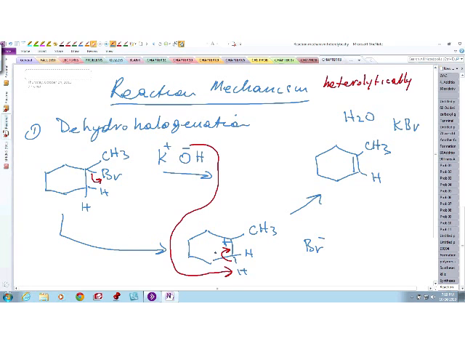In this particular instance, the first thing that is going to form is a carbocation. And then from this carbocation, the hydroxide comes in to pick up this proton, releasing the two electrons to form the carbon-carbon double bond, and that's how you form this.